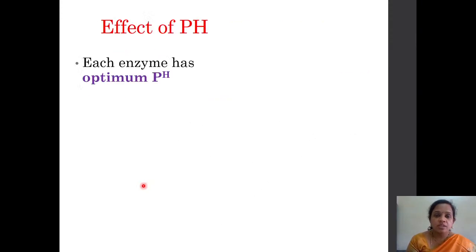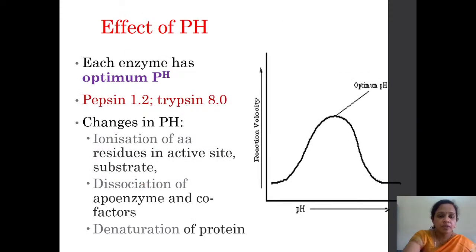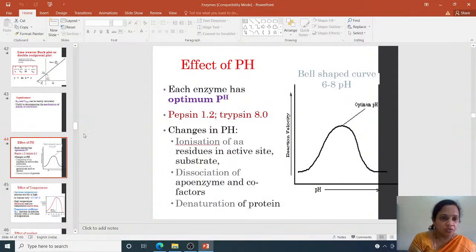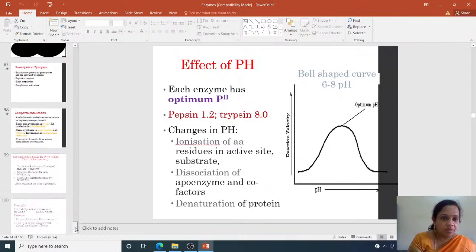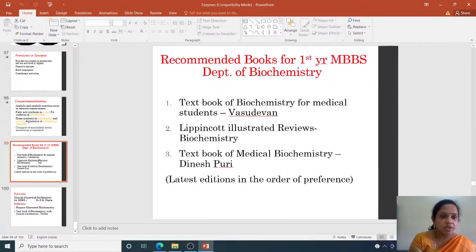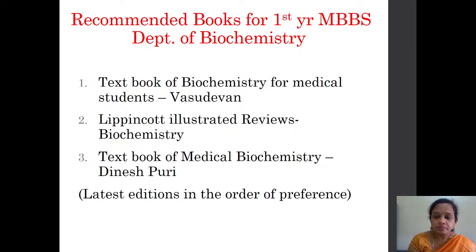Now, before going into this, many of you were asking what are the reference books that have to be bought. So I'm giving you the list of the reference books that you can purchase. This is the order of preference. You can buy any one of these books. These are for your regular studying, like your regular textbooks.